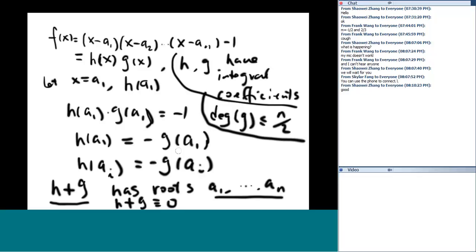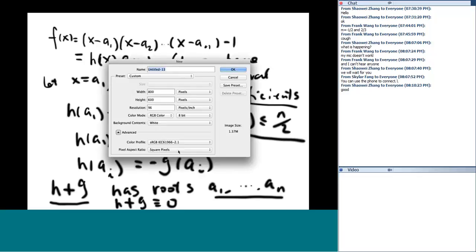Okay, let me explain on the next page. So f(x) equals (x minus a1) through (x minus an), a polynomial with degree n, equals h times g. We assume none of them is constant, so the degree of g or h is at least 1.